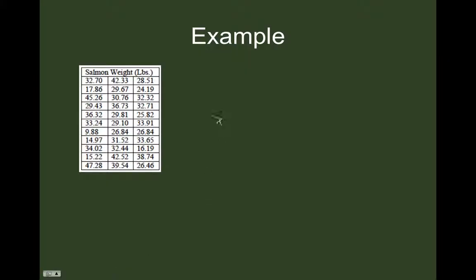So x bar here equals 30.51 pounds. So what we would say is, based on this data set, a typical salmon weighs about 30.51 pounds. Seems pretty big, but nonetheless, that is the mean of this data set.